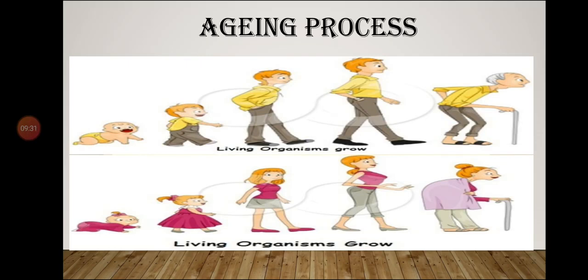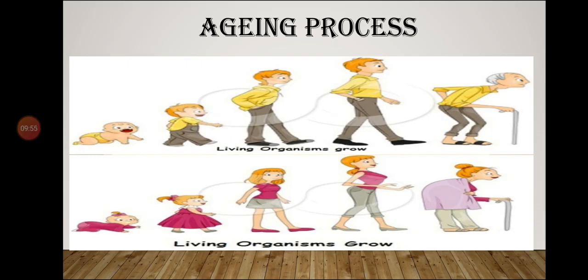They become old, and after this aging process, the next characteristic that all living organisms show is death. As the body loses its capacity to perform metabolism, the organism dies, and that is also considered one of the characteristics of living organisms.